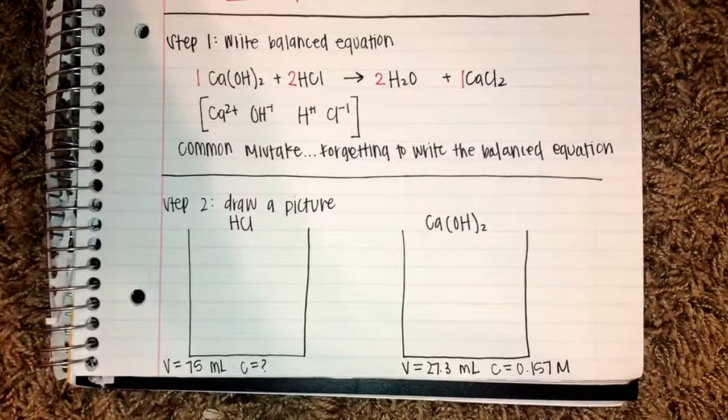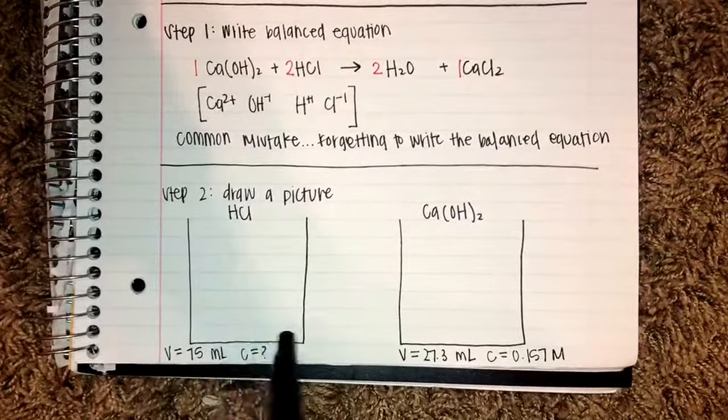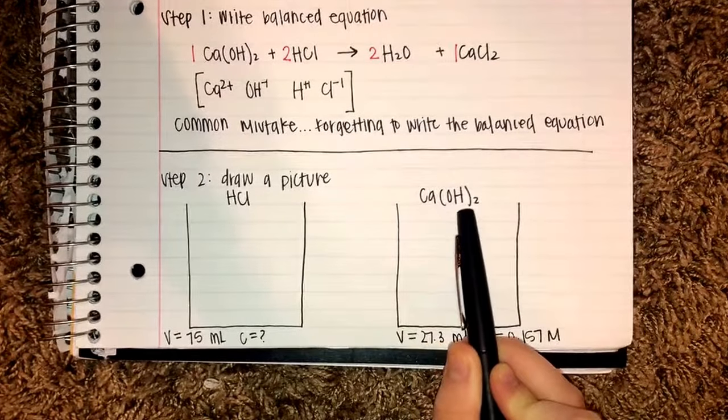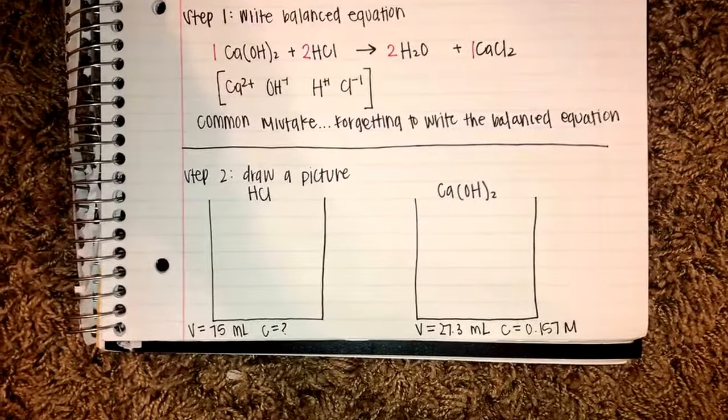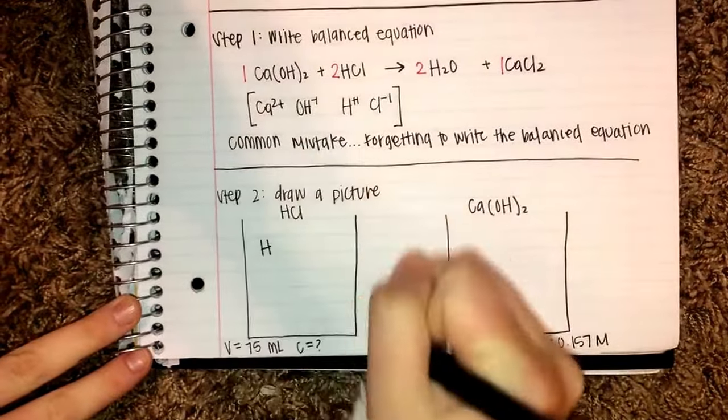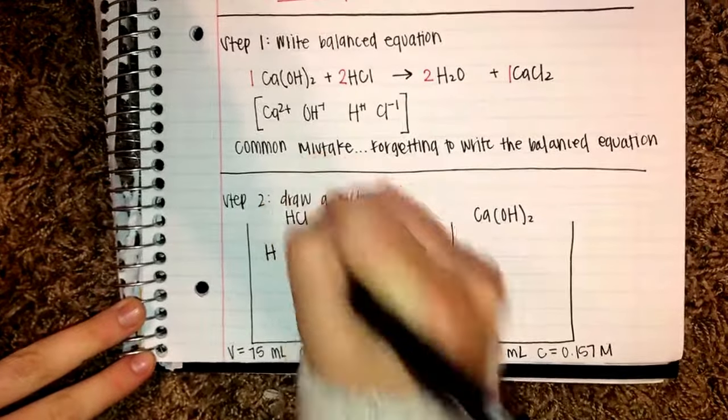Next is step 2. We're going to draw a picture. In this box, we're going to have our HCl, and in this box, we're going to have our Ca(OH)2. So, let's do it. We have H over here, and for every one H, there's 1 Cl.